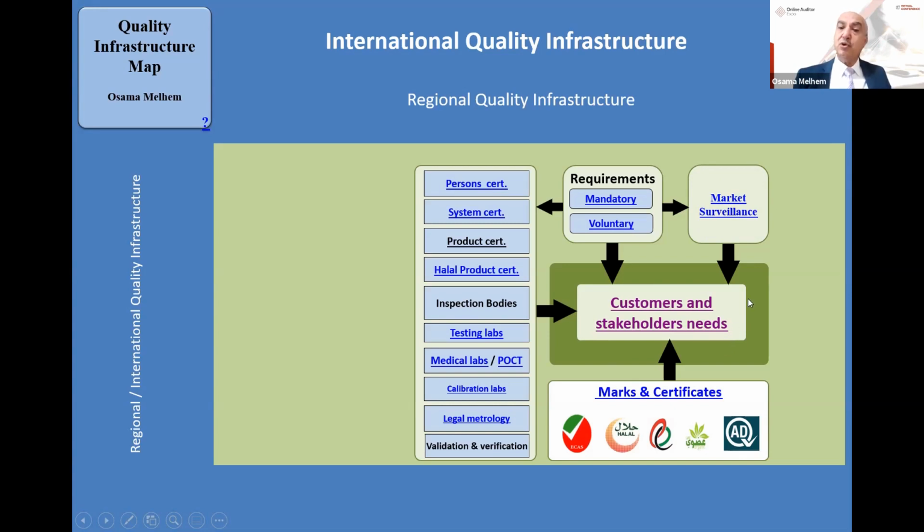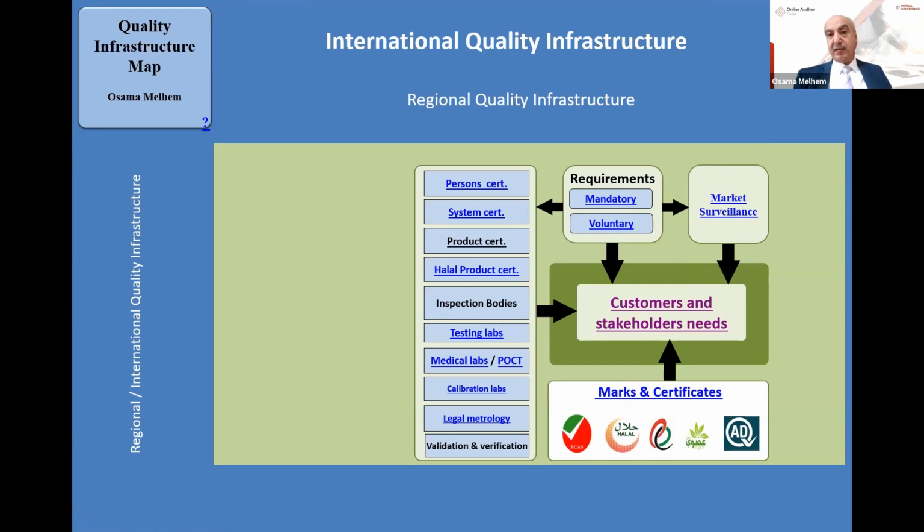So regularly they go to the market, regularly they go to the manufacturers' stores, regularly they go even to the borders, okay, to take samples from these distribution points and check if this product continues meeting these requirements or not.